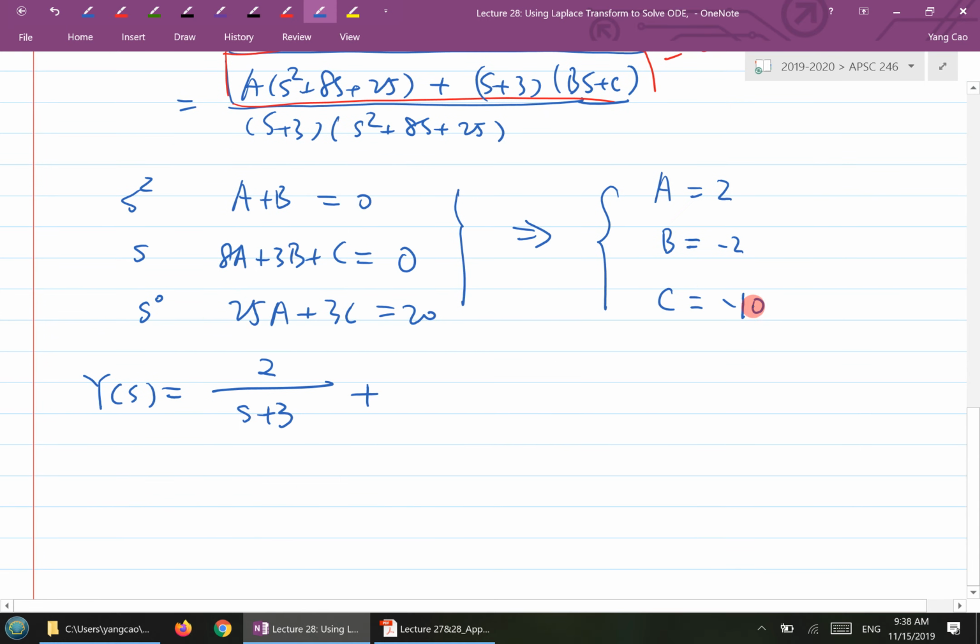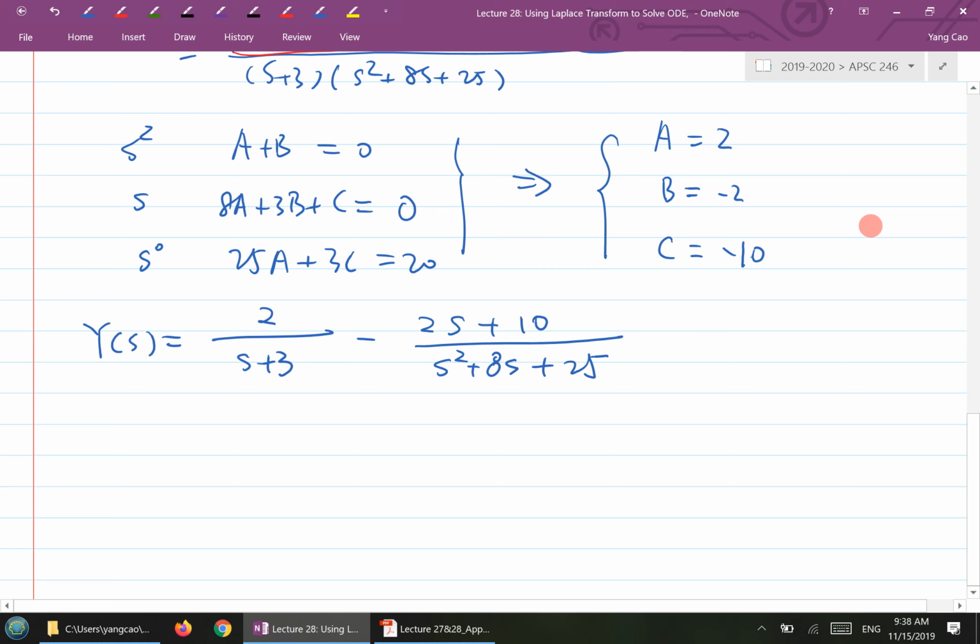So this is B, this is C. Let's put a negative in front here: negative (2s plus 10) over s squared plus 8s plus 25. This is your Y(s) with the partial fraction expansion up to this stage.